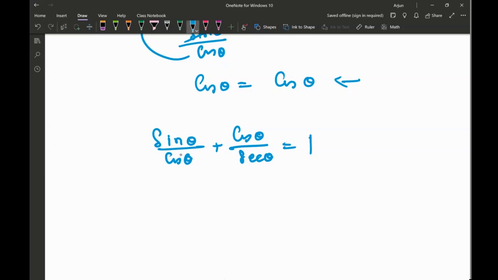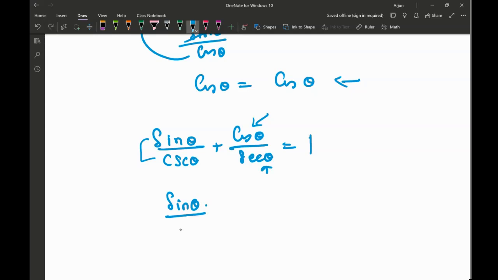So now I'm going to try and move the terms around, trying to use the algebra. Let me just check the question. This is cosecant, not c. So sine theta upon cosecant, CSC theta, and on the other side, cos theta upon secant theta.